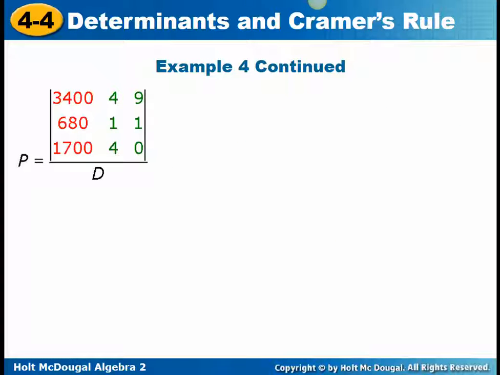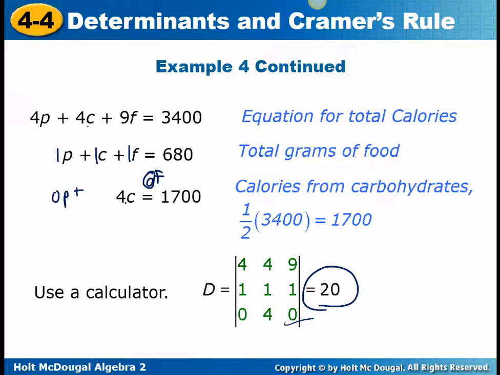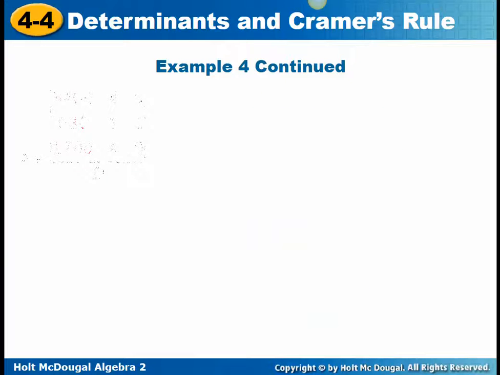Then you write your coefficient matrix, but you replace all of the x coefficients, or in this case it was p, replace all of those with your constants. So 3,400, 680, 1,700.